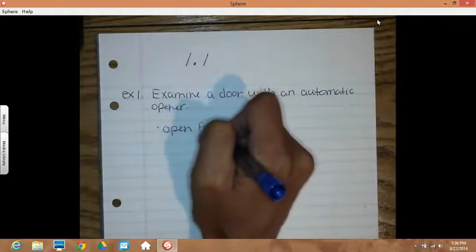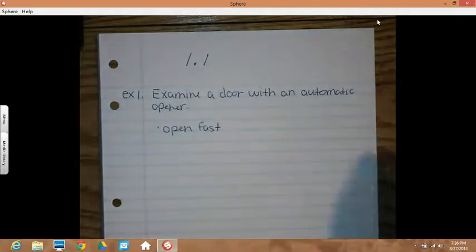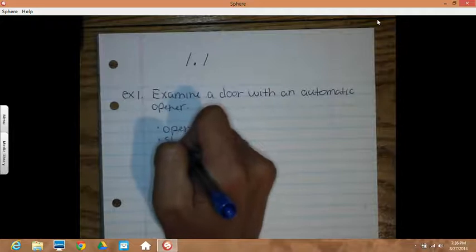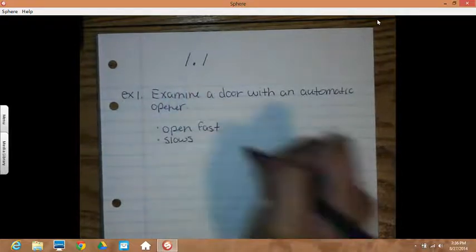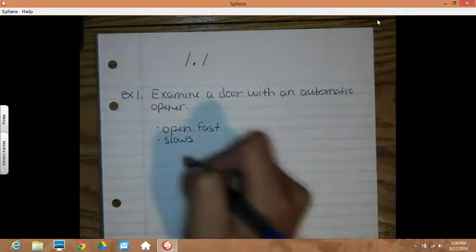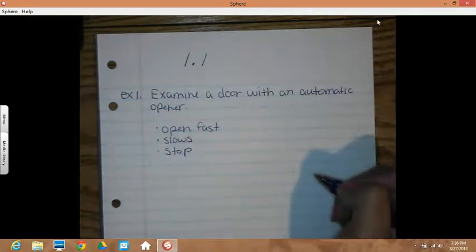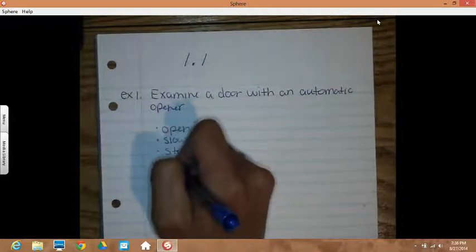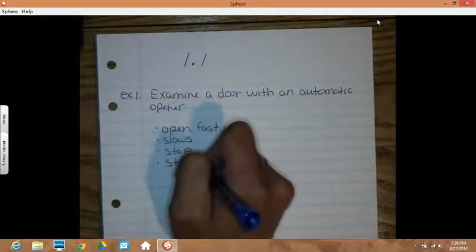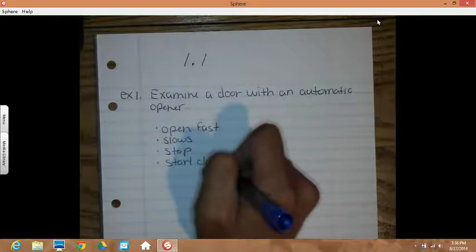It's going to slow down. Then it's going to stop for just that split second. Then it's going to start closing. And then it slams shut at the very end.